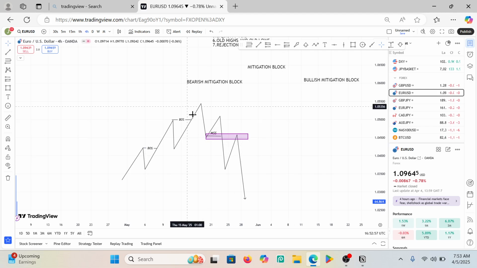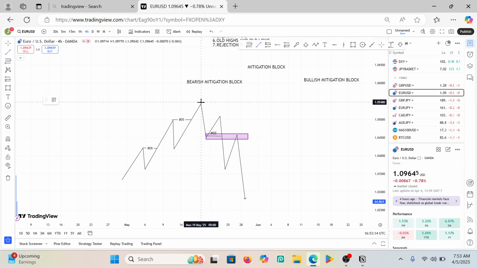The market was recently on an uptrend, but there's a reversal. When a market structure shift occurs, it means the market has changed direction from bullish to bearish.